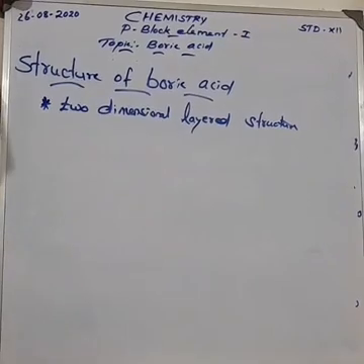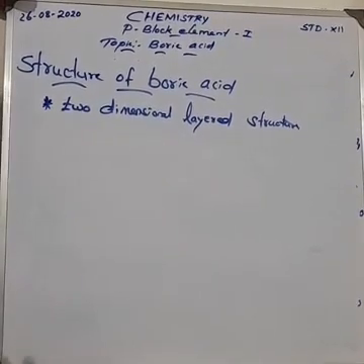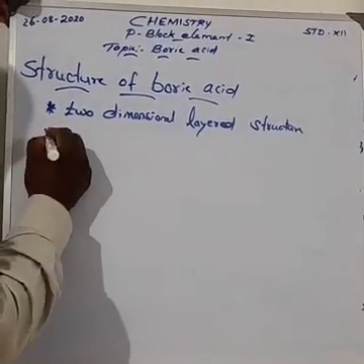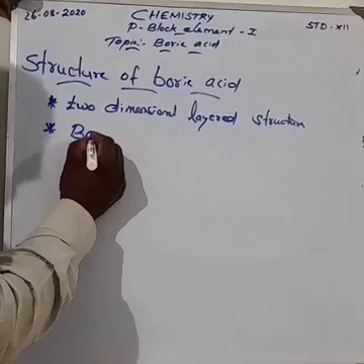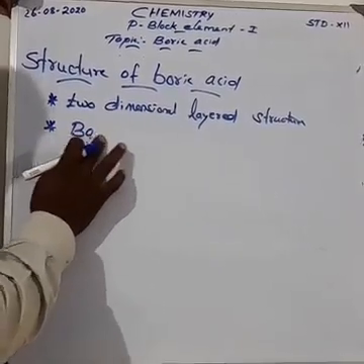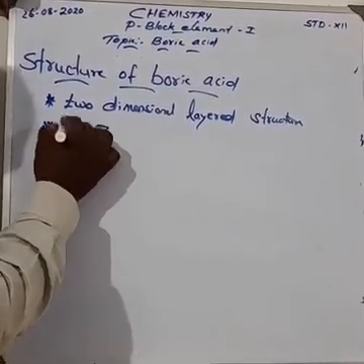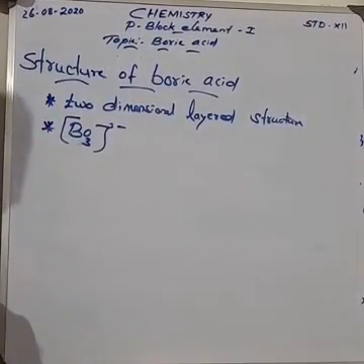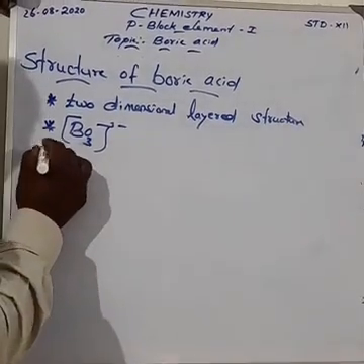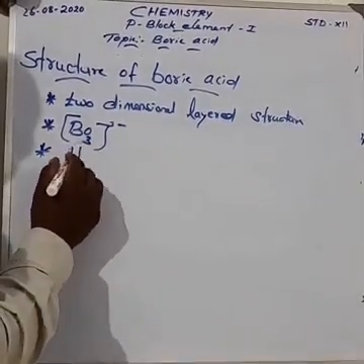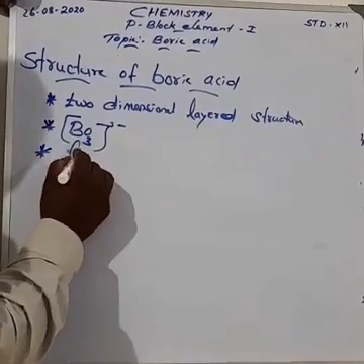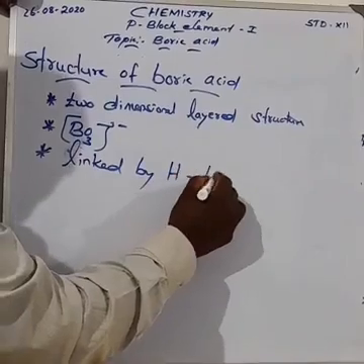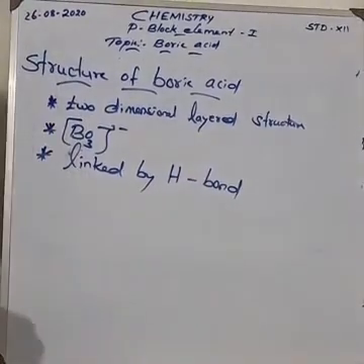It consists of borate radicals or borate units BO3. These are linked by each other with hydrogen bond. These are the 3 important points.